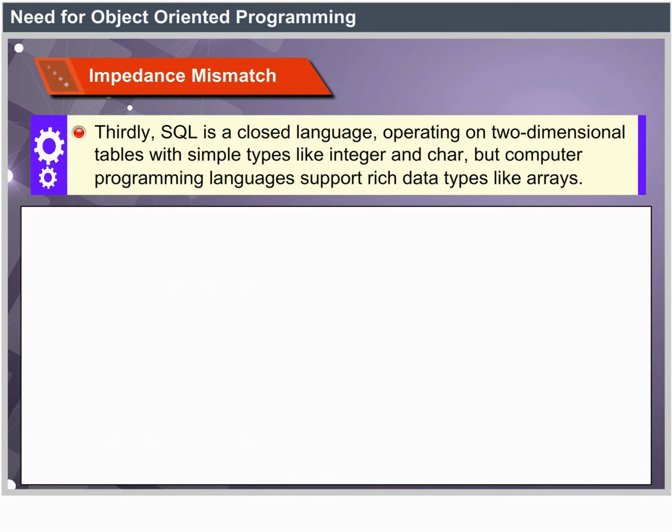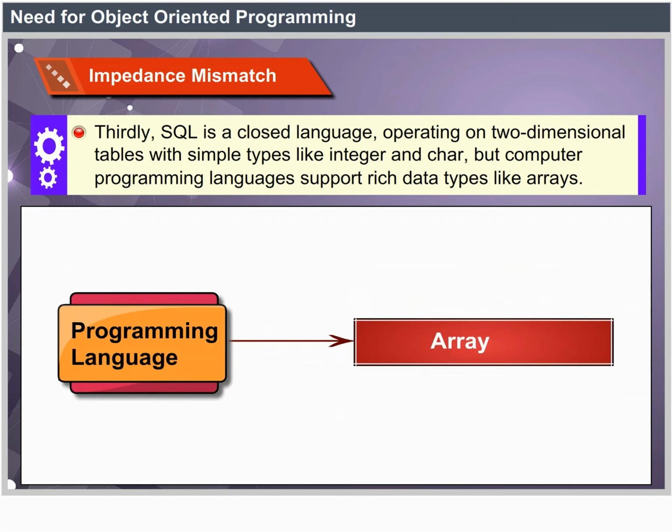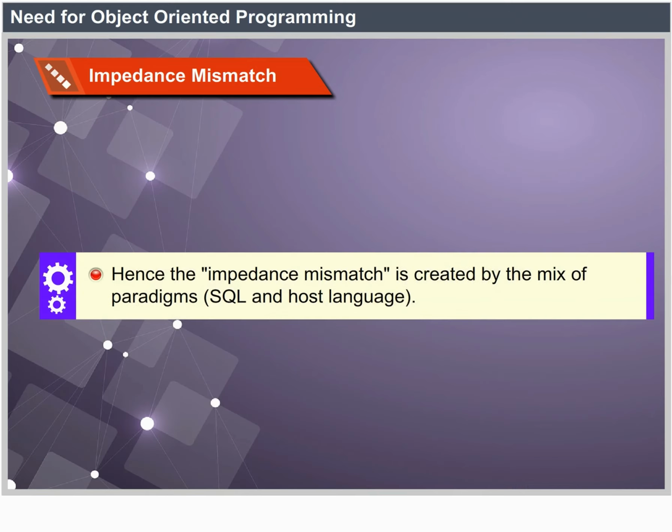Thirdly, computer programming languages support rich data types, example arrays, whilst SQL is a closed language operating on two-dimensional tables with simple types, example integer, character. This mix of paradigms, SQL and the host language, results in this impedance mismatch.